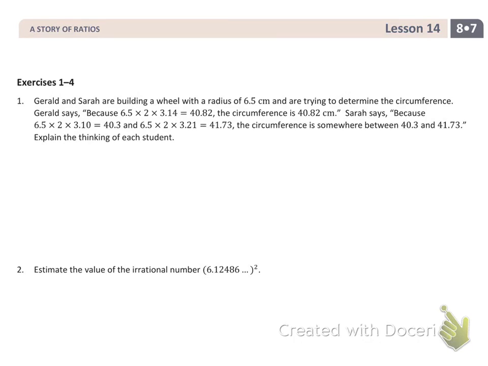Sarah says because 6.5 times 2 times 3.1 is equal to 40.3, and 6.5 times 2 times 3.21 is equal to 41.73, the circumference is somewhere between those two numbers. Explain the thinking of each student. So think about what Gerald and Sarah are saying and why they are saying it the way they do.